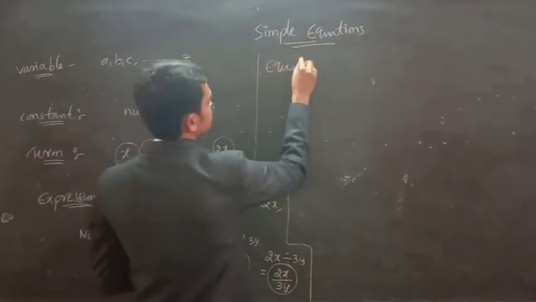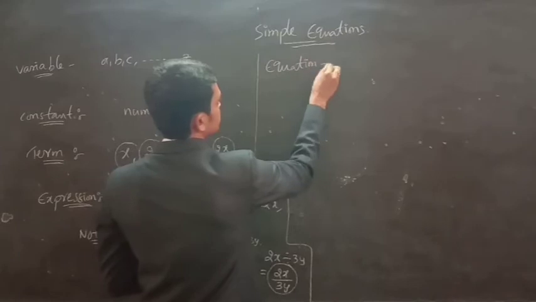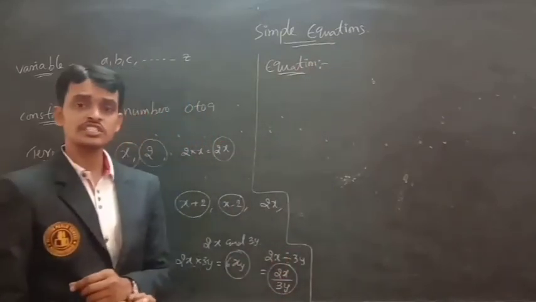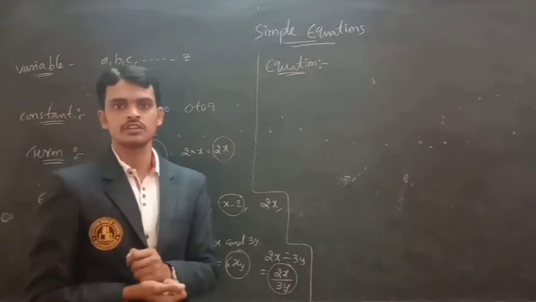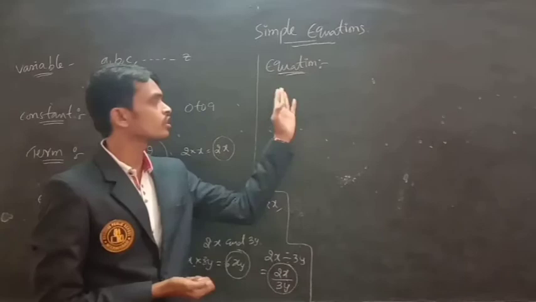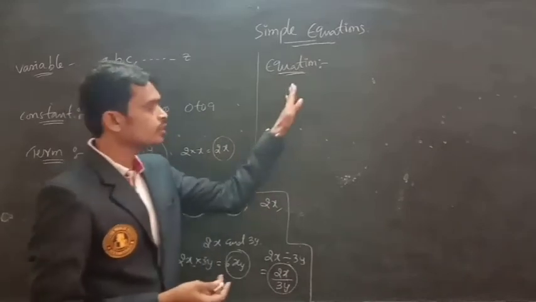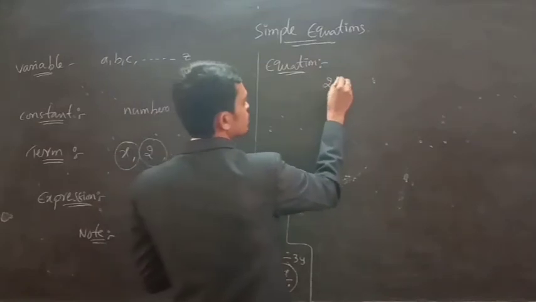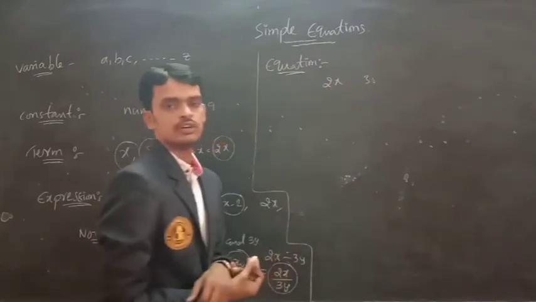Equation. An equation consists of two expressions connected by an equal sign. So an equation consists of how many expressions? Two expressions, for example 2x and 3.